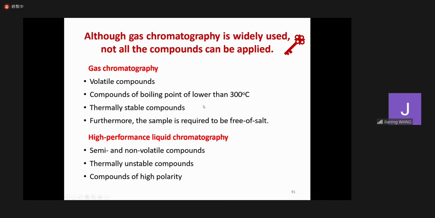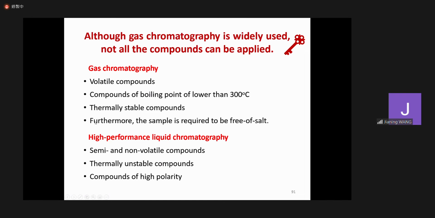That's also why we don't need to develop very high temperature resistant columns: for most volatile compounds, when the temperature gets too high, they break down and are not stable enough.